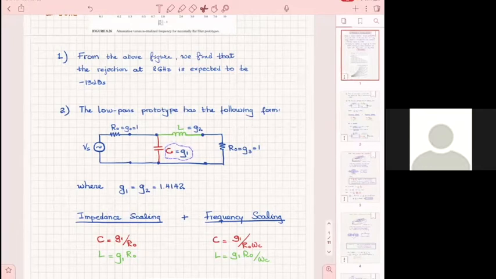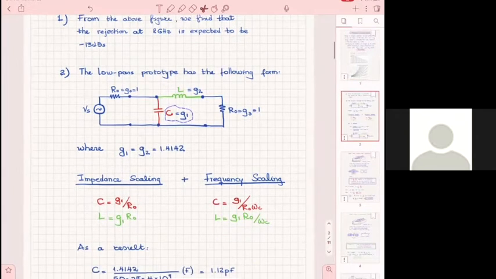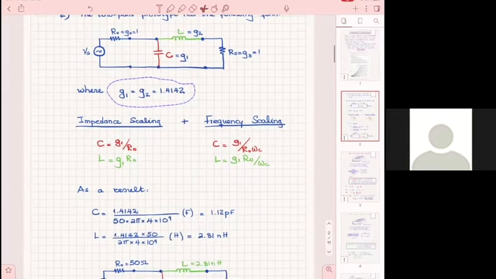And then, so C is G1, L is G2. G1 and G2 have the same numbers. All right, same value. So now there are 2 transformations I do only because I told you to be a low pass filter. So I don't want to do low pass to band pass. No, the only 2 transformations to go from a low pass prototype to a low pass filter are the impedance scaling and the frequency scaling. And that's how they look.